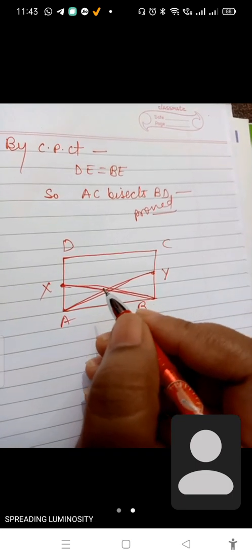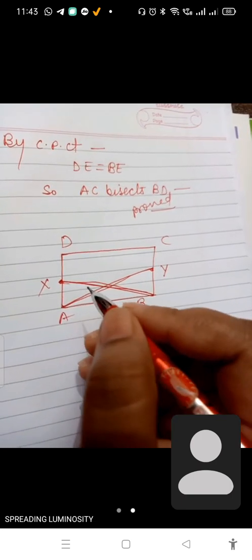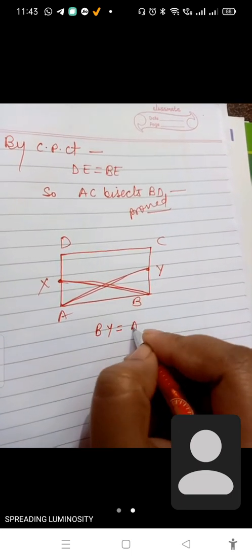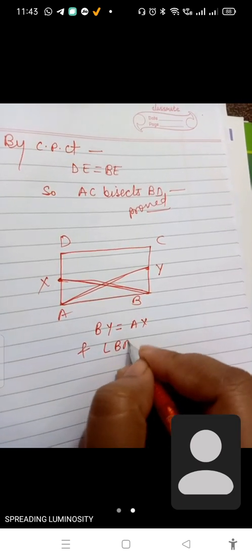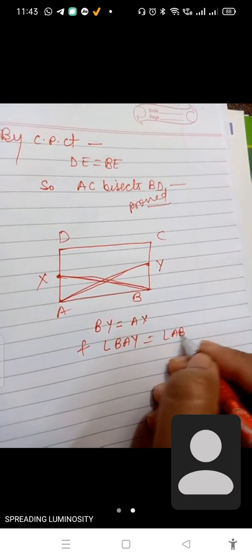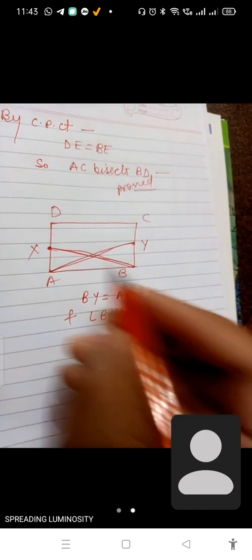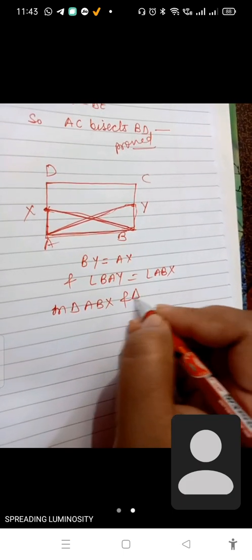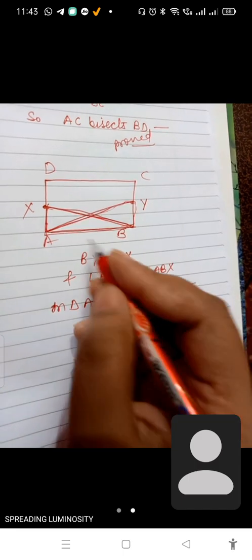And prove that BY is equal to AX and angle BAY is equal to angle ABX. Okay, very simple. Prove these two triangles congruent. In triangle ABX and triangle ABY, the first given value is AY is equal to BX.